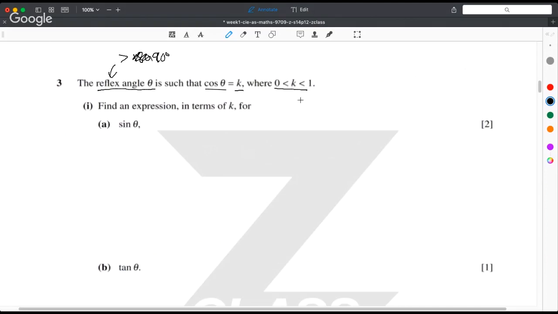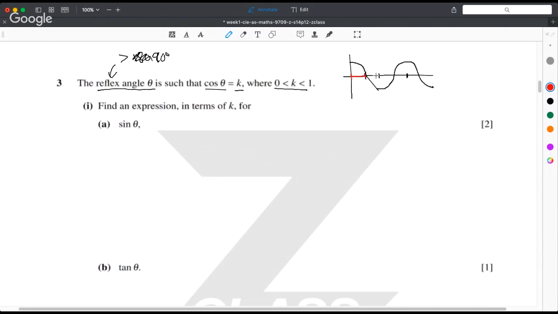We're told that k is between 0 and 1. So if we think of the graph for cosine, it looks like this, right? Where this is 360 degrees, this is 180, this is 90. And you see that if k is between 0 and 1, technically you'd think that theta could be somewhere here, but we're told that it's a reflex angle. And here theta is between 0 and 90, which is no good.